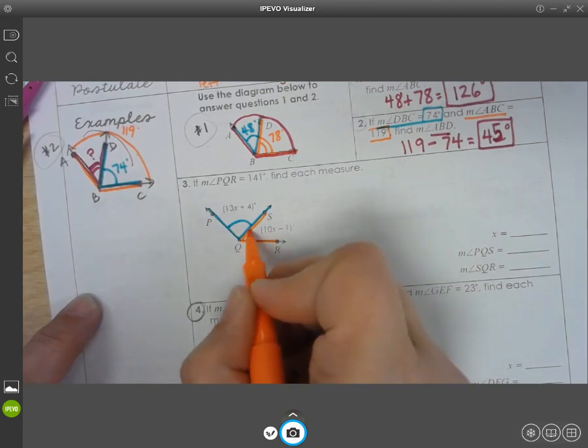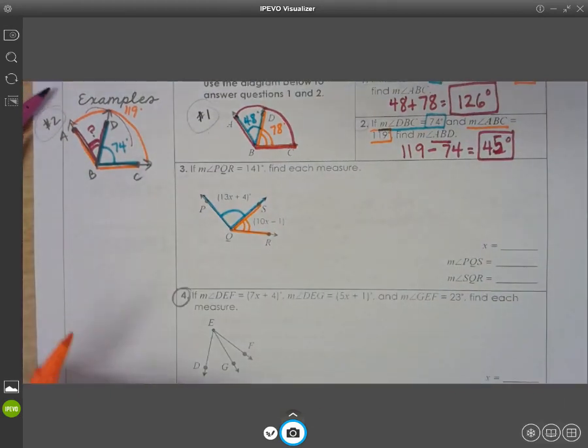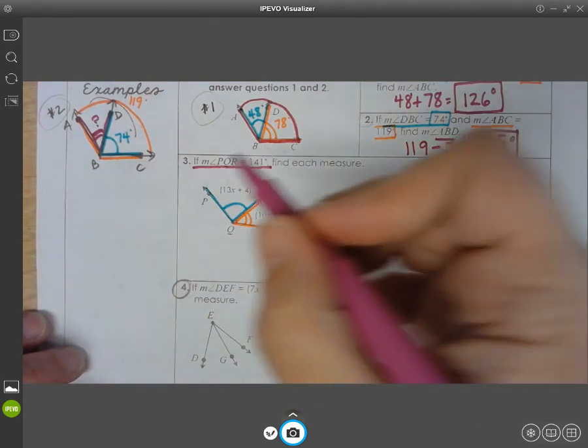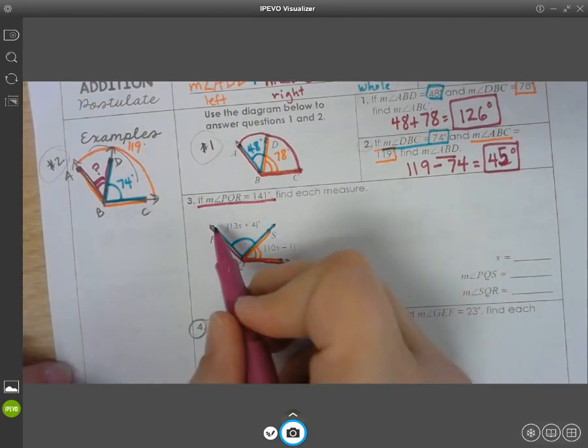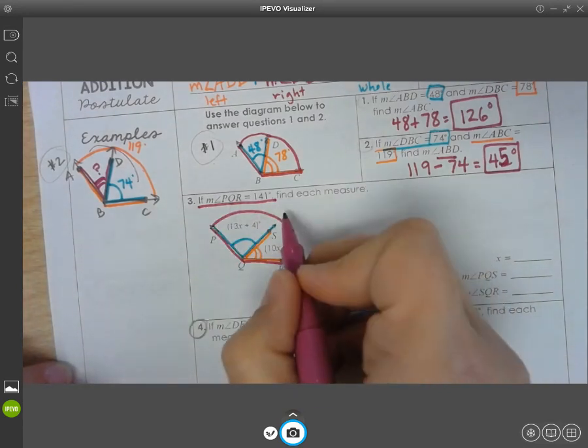SQR is this angle right here. Those are not the same, so I'm going to put two little curves in this one. This angle is 10x minus 1. And then up here in the directions, they tell us that PQR, which is all of this, the whole big angle, is 141.